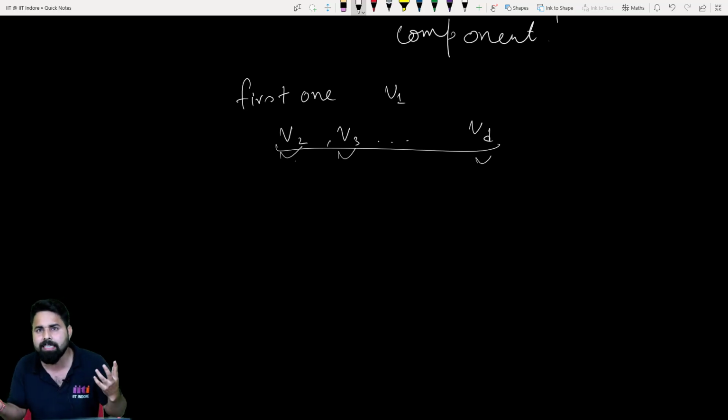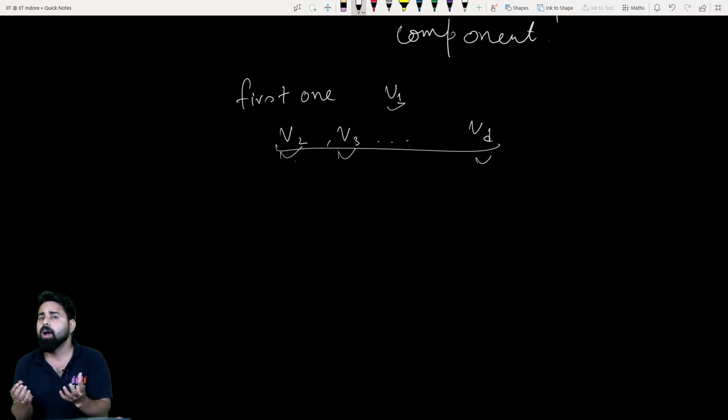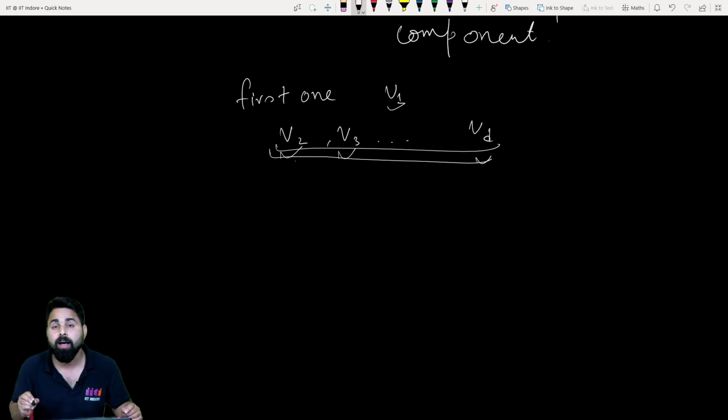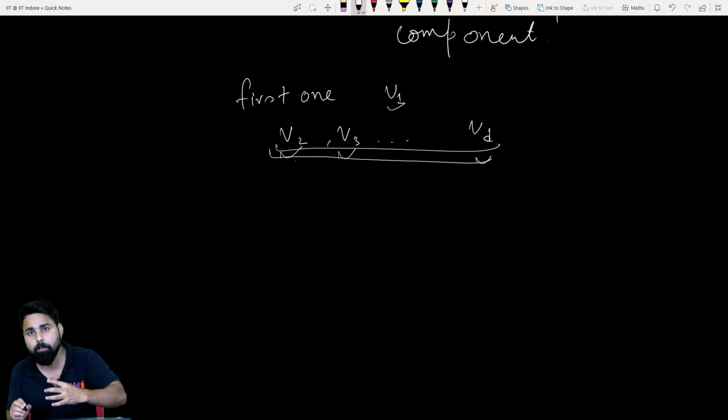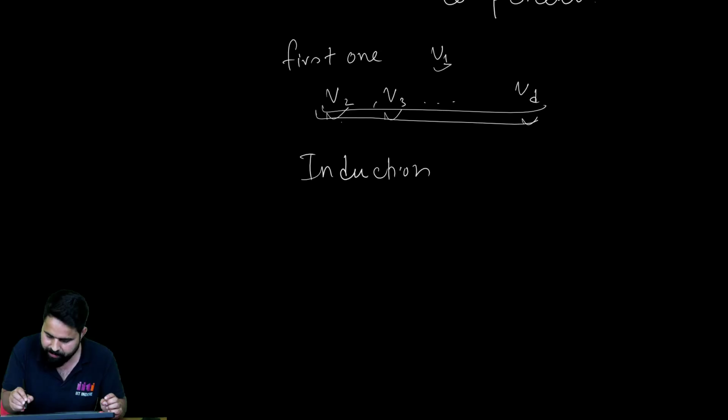And we have already seen that these vectors V1, V2, V3 are orthogonal. Now we will prove that these are in fact the other principal components. So let us start our proof using induction.